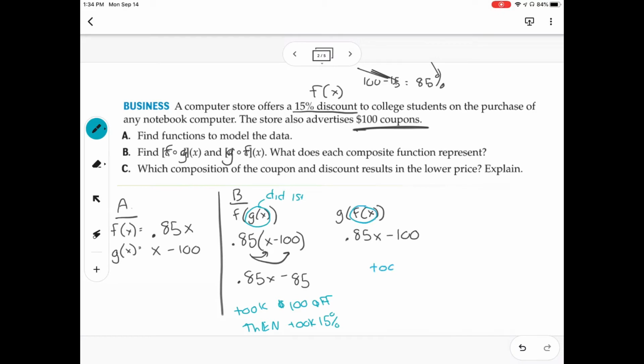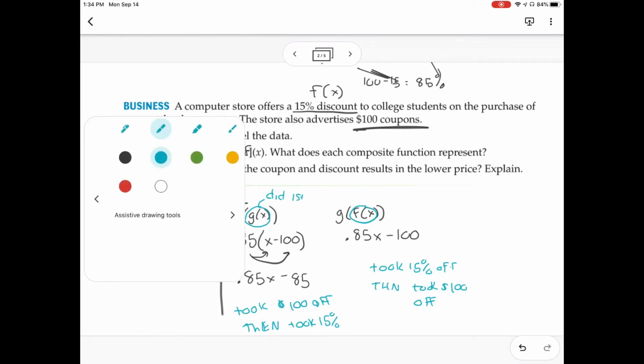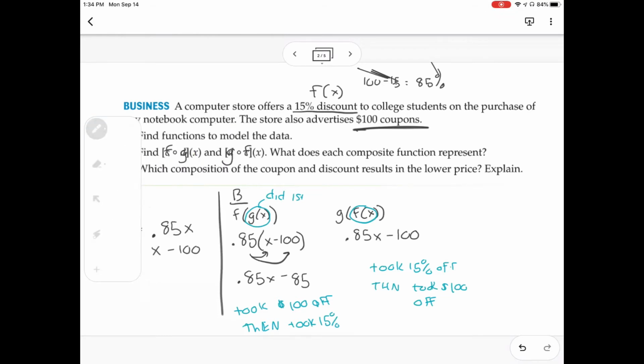But in the other one, we did the f of x first, so we took the 15% off, then took 100 off. So it's showing the two orders that you could do these in.